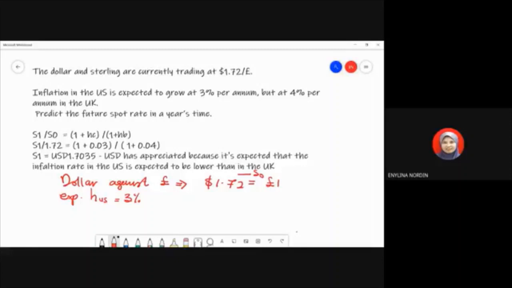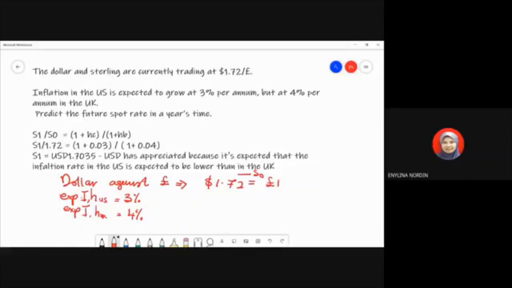But in the UK, which is the base, the expected inflation rate equals 4%. So predict the future spot rate in a year's time, meaning in 1 year. How are we going to do that?